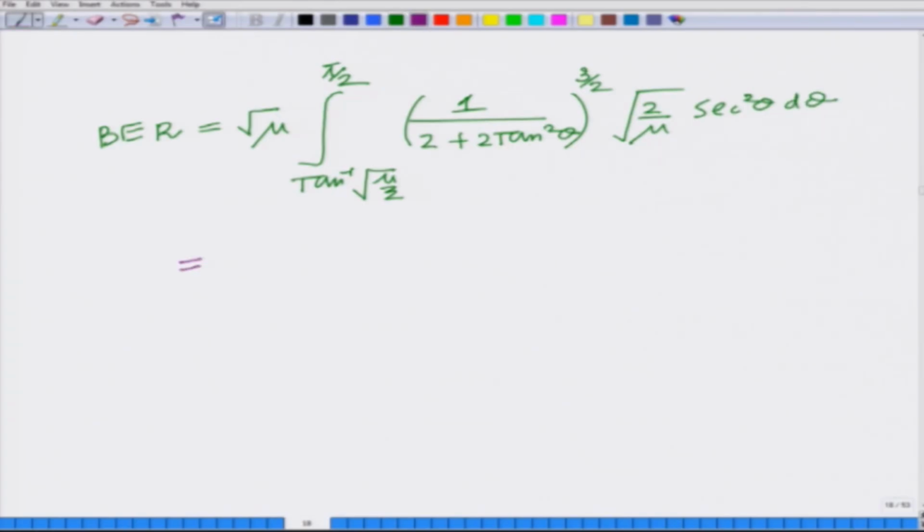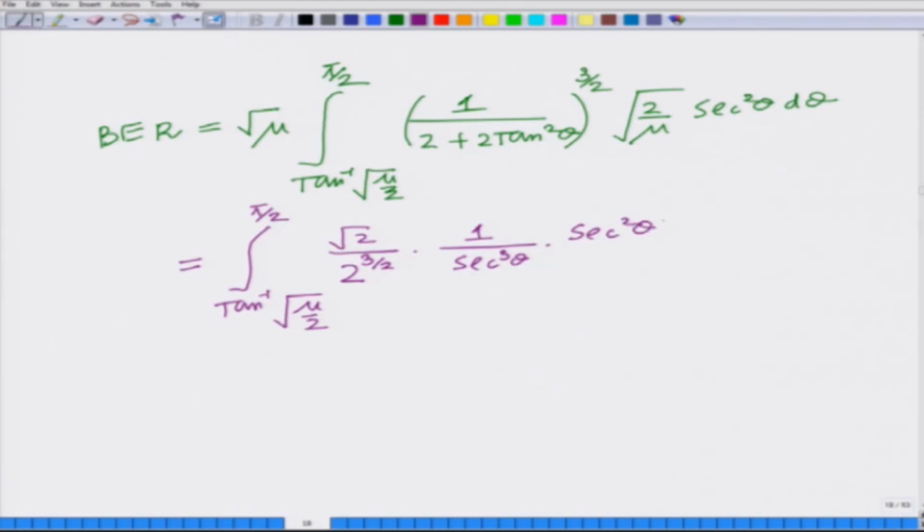Now you can see the square root of mu cancels, and therefore, what I have is square root of 2 divided by 2 raised to 3 by 2 times 1 over secant cube theta times secant square theta d theta, which is equal to half.